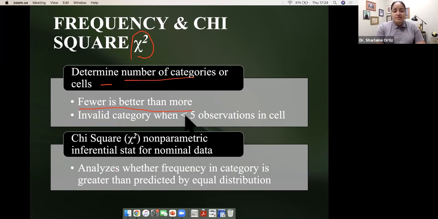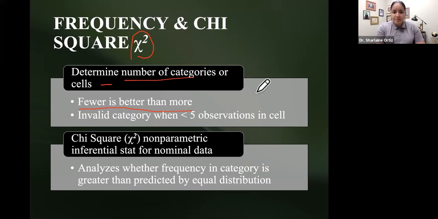Now, generally, in this particular sense, think about whenever I have a category. So for example, I had my A category, my B category, my C category. Notice that I want at least 5 observations in each cell. I want to be able to have at least 5 people in that tally, right?